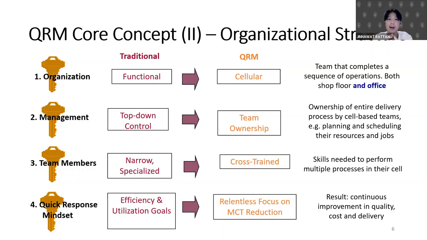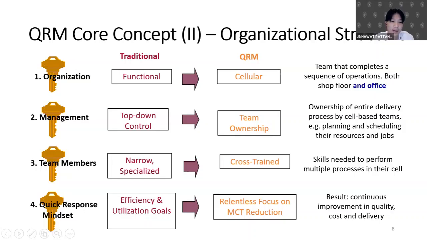The team leader does not have higher power than the workers. The ownership of the entire process is based on the team, and they help each other in planning, scheduling, and resources for the job as well.